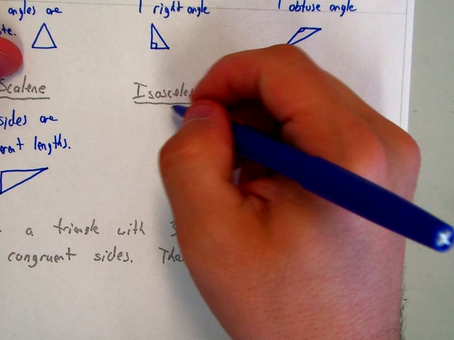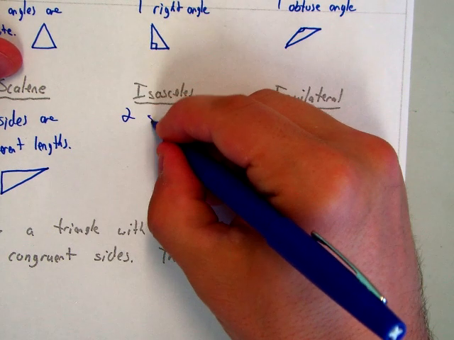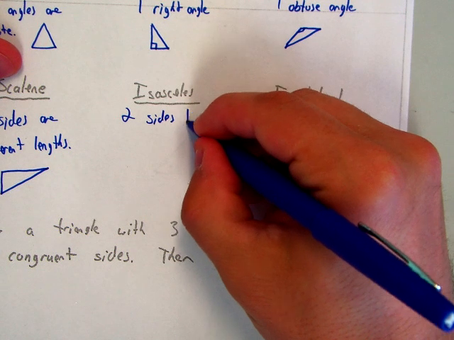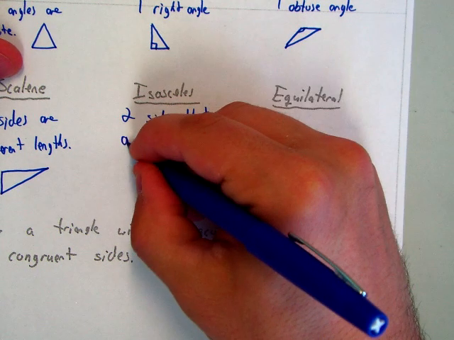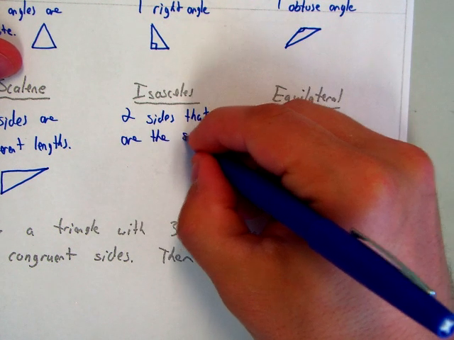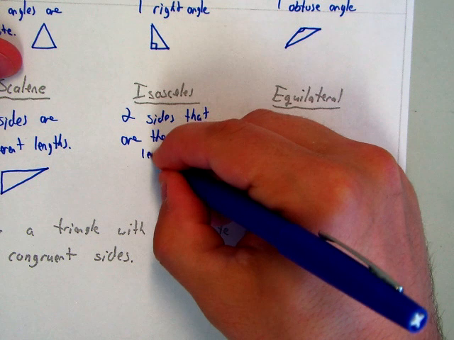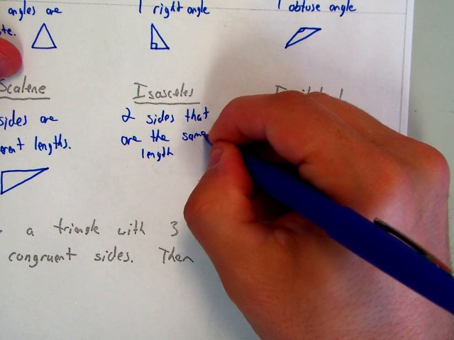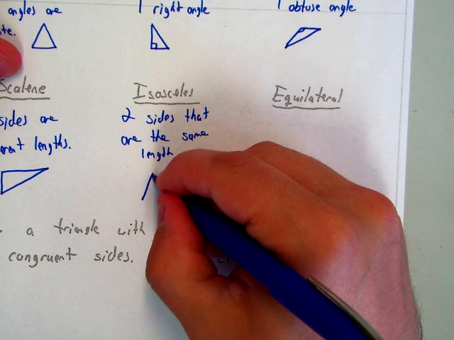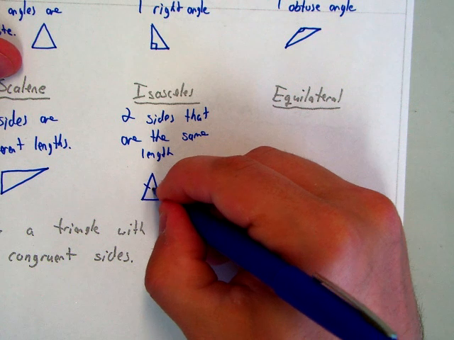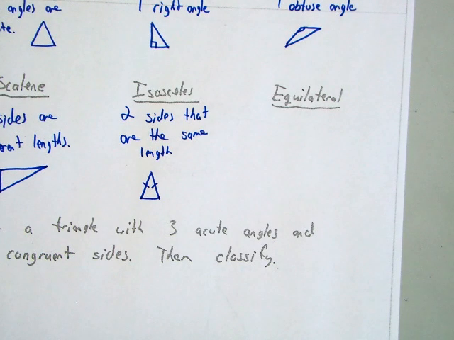An isosceles triangle has two sides that are the same length. And generally when we see that, we would see a triangle that looks something like this, with two little dash marks between it to show that those two are equal.